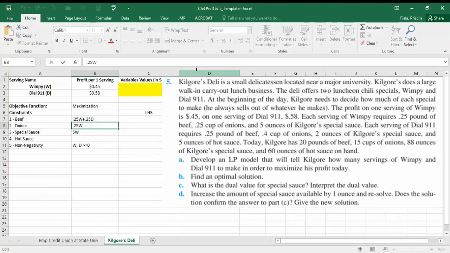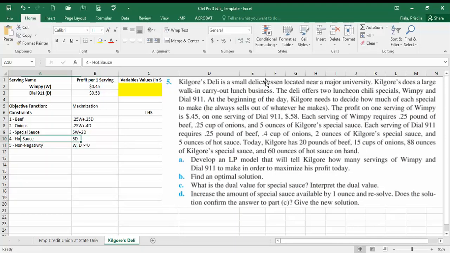Now it requires 0.4 cup of onions, so 0.25 of Wimpy plus 0.4 of Dio 911, 2 ounces of Kilgore's special sauce, so 5 ounces of Wimpy and 2 ounces of Dio 911, and 5 ounces of hot sauce. So right here we only have Dio 911 for hot sauce, since that's the one that they added more to make it spicier.